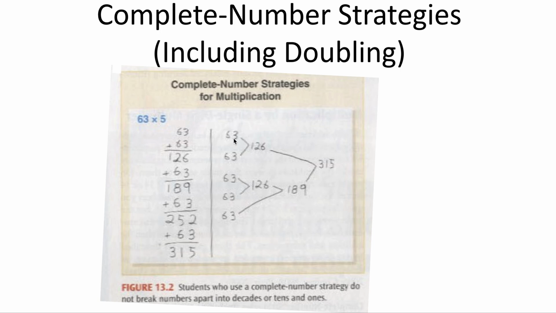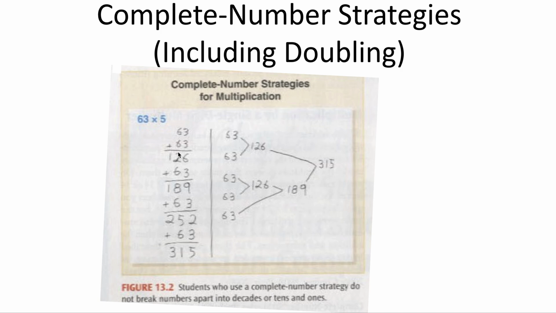So 63 plus 63 is 126. Then the sum of these two is also 126, right? So you can just add 63 to it, and that's 189, and you're adding that to 126. So that's 315.